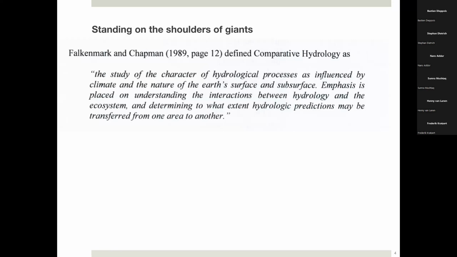And the goal really is to understand interactions between hydrology and the ecosystem and to get a better sense of whether what we observe in a specific location, what we predict at a specific location, can be transferred to another area. And this is very similar to what we try to achieve in large sample hydrology.